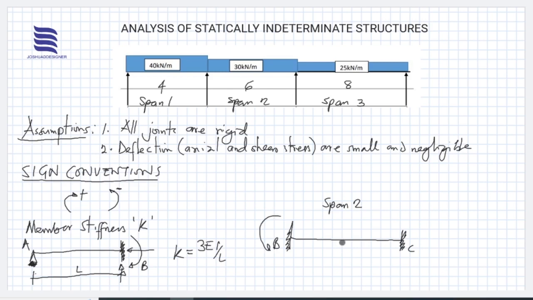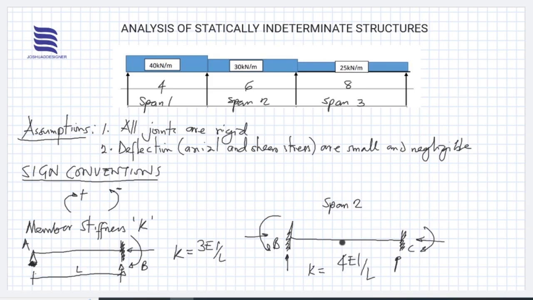So we have the moment in application, right? We have the force and the force. Now, these two ends are fixed, and it indicates that the stiffness factor will be 4EI over L.